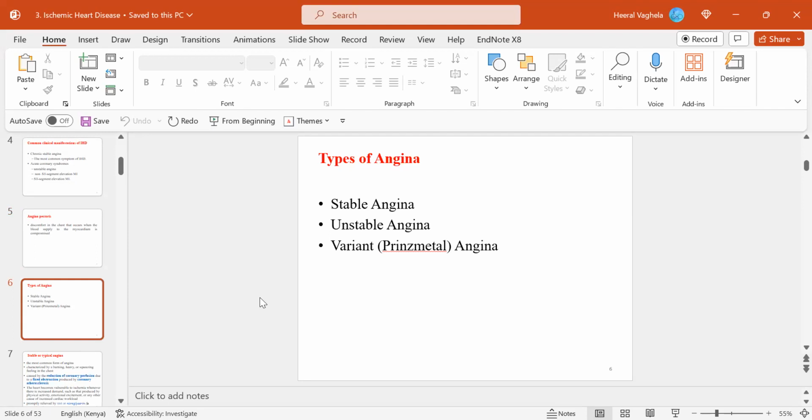Or what is one of the main treatments? Just not looking at stable, unstable, variant, just a general treatment. What would you as a pharmacist tell your patient if they have some discomfort in their chest because of angina?